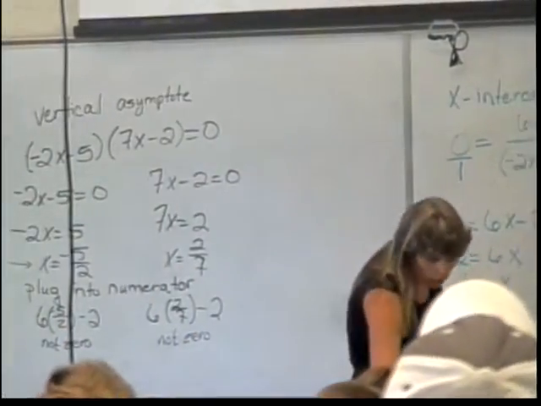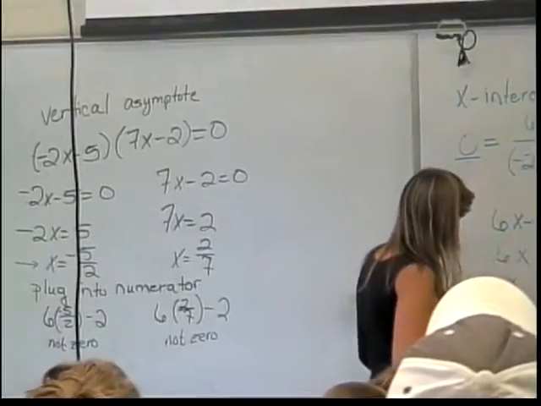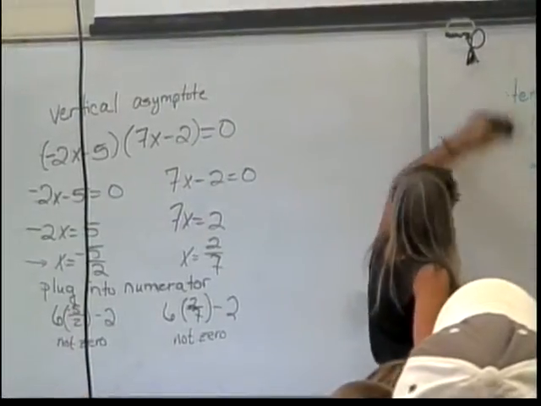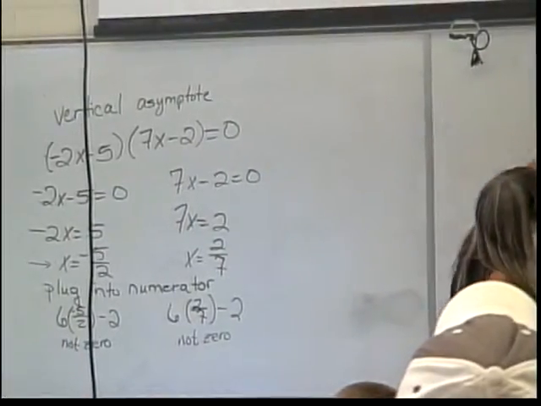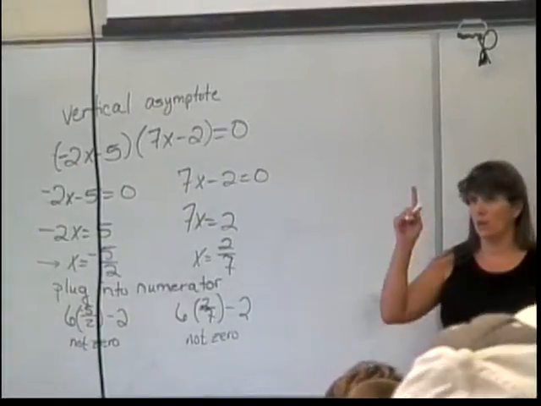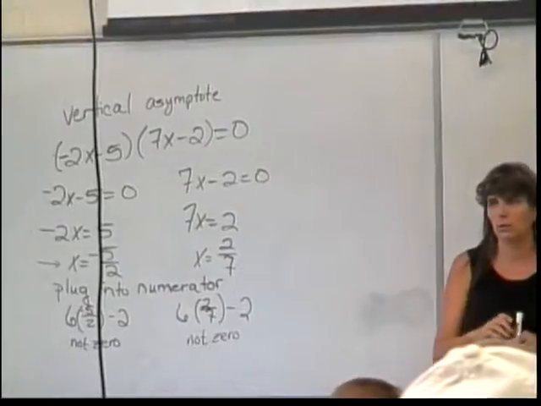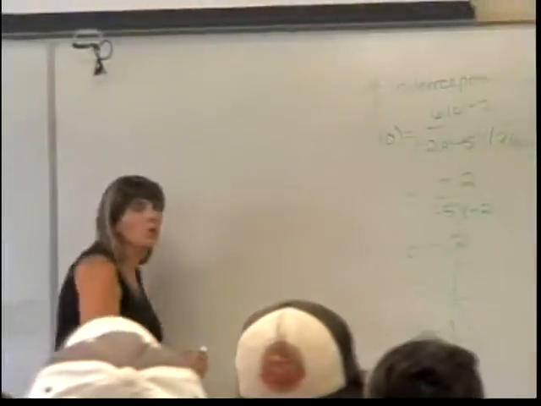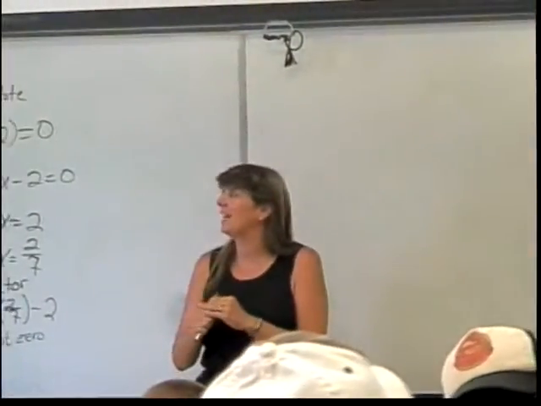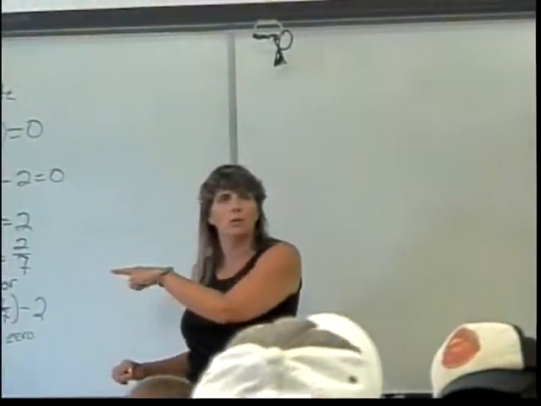Now, horizontal asymptotes. What do you think those are? There we go. It's a horizontal line, only one of them. You can have no more than one horizontal asymptote. But horizontal asymptotes are basically the end behavior of your rational function.